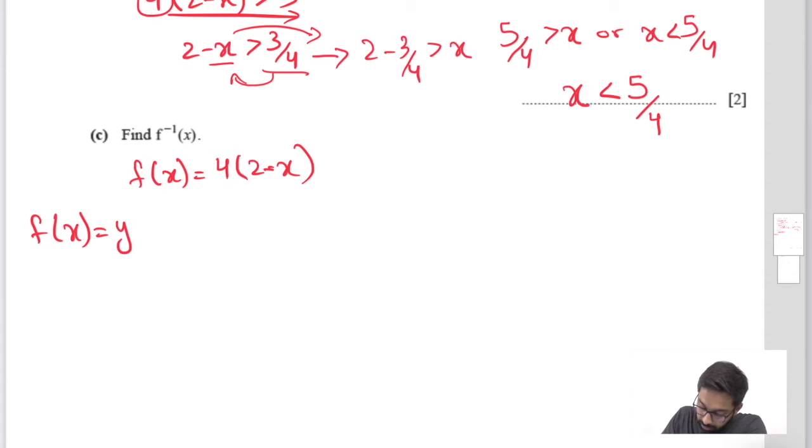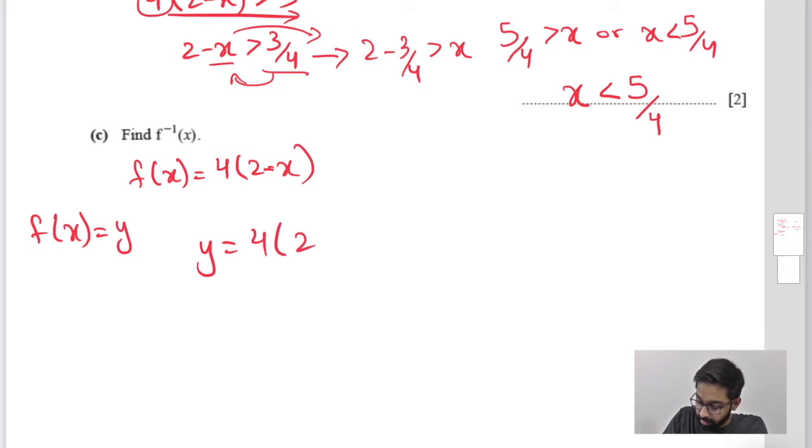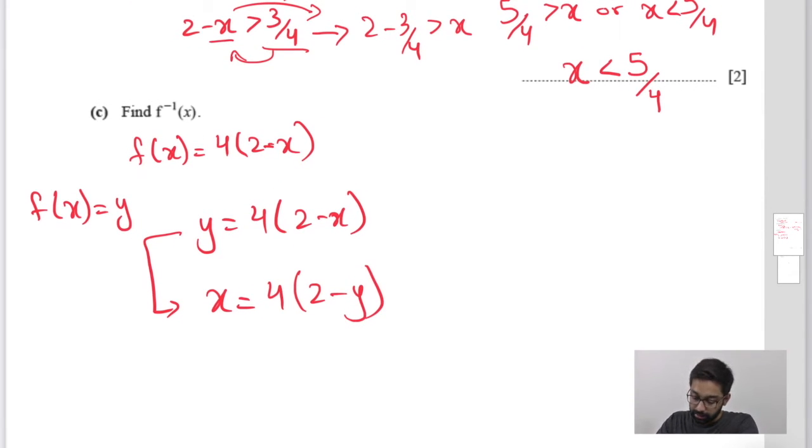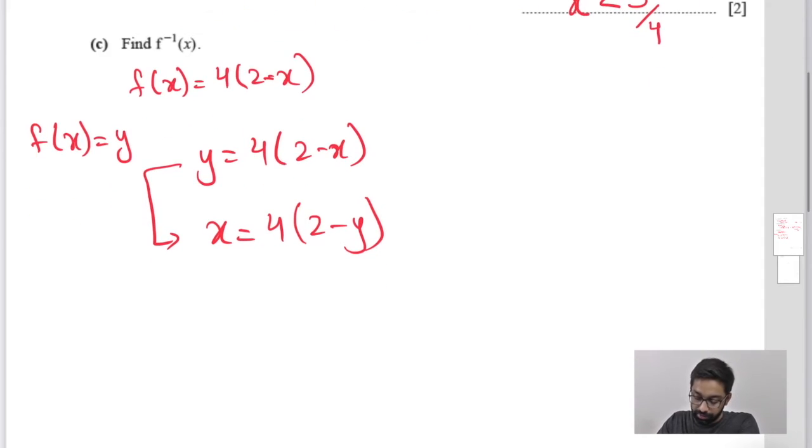So I can write the function like this now: y equal to 4 times (2 minus x). When I do that, I would need to switch y and x with each other. So I have x is equal to 4 times (2 minus y).